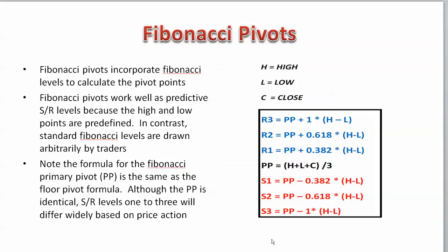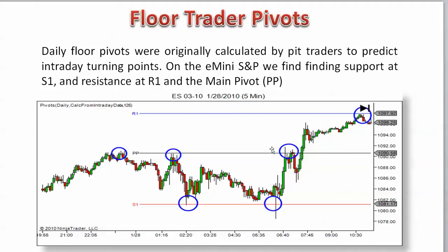Now the calculation on the right hand side, you can see you've got the standard floor pivot calculations, but then they're adding fib calculations into it. So I'm no mathematician. I'm not going to run you through the mathematical equations for that, but you can see on the right hand side, and if you want to Google it and find out more, you can. But Fibonacci pivots for Forex traders has been very successful.